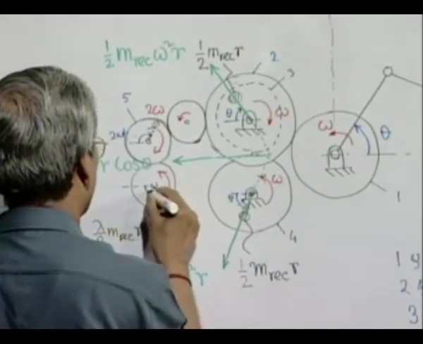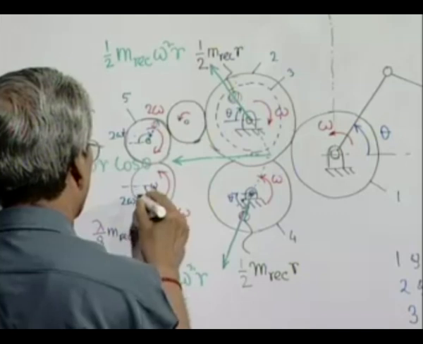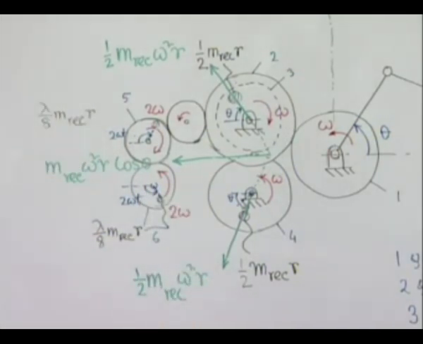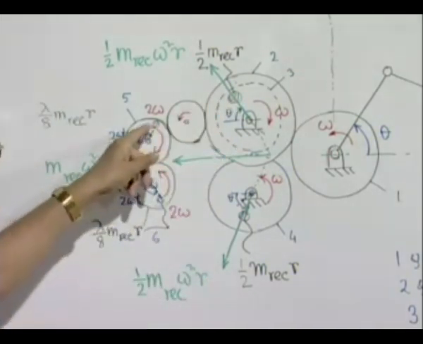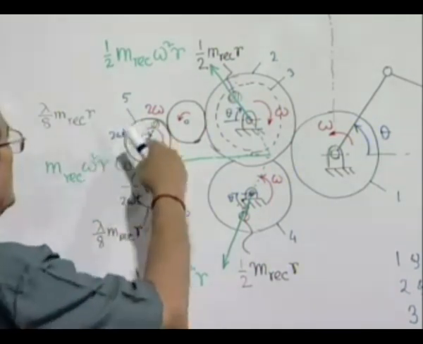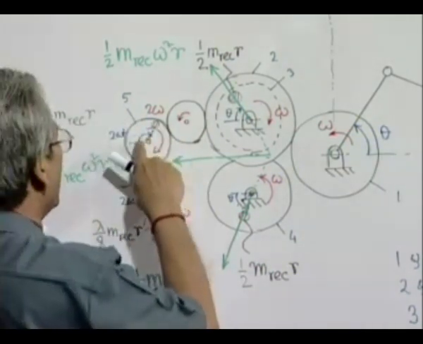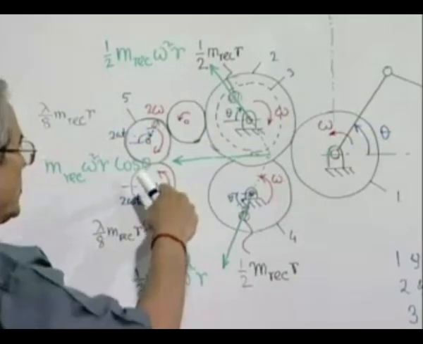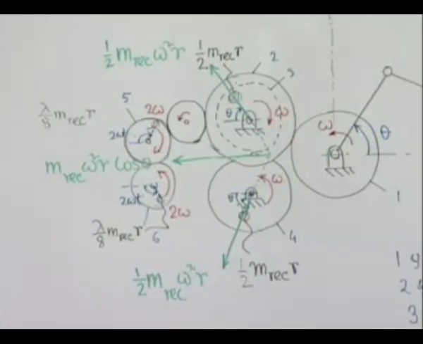Similarly, this will be 2 omega t. That at time t is equal to 0, they are all aligned. This was here, this was also here. Now, since it is rotating at 2 omega speed, this will rotate through an angle 2 omega t. This will rotate through an angle 2 omega t in the opposite direction.